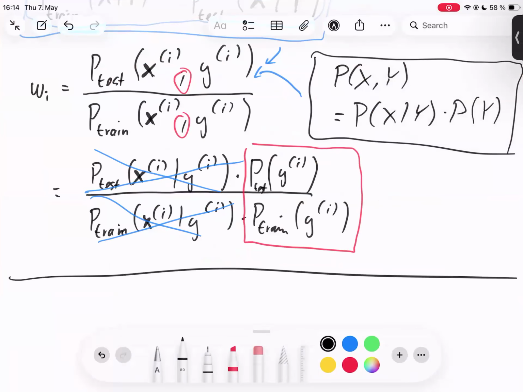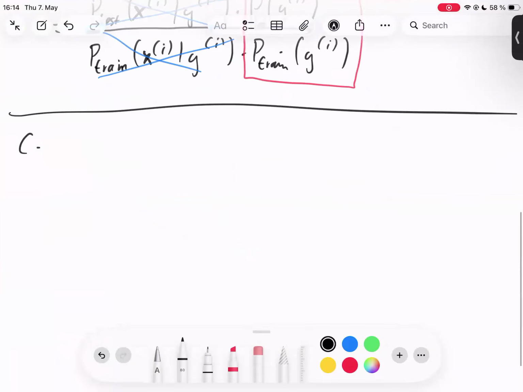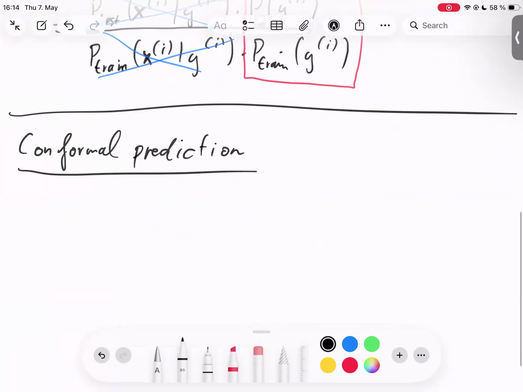So conformal prediction. And that topic could again be very helpful for your projects to build more reliable systems. And it could also help you maybe to win the Cronus challenge if you look into it.